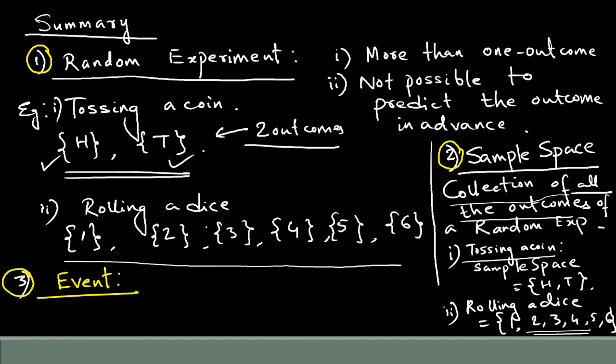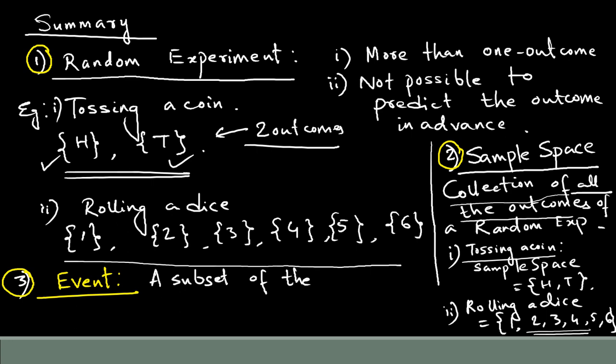Okay, so what is an event? Let's say the formal definition first: a subset of the sample space associated with a random experiment. Sample space is the entire set of the random experiment, the entire collection of outcomes, right?